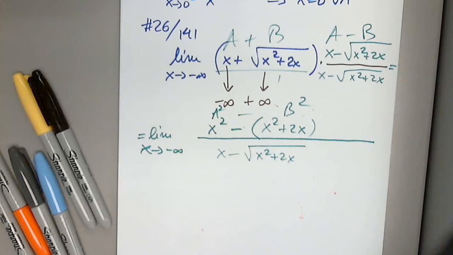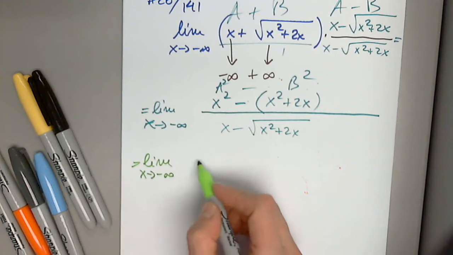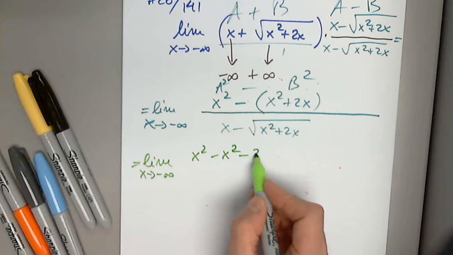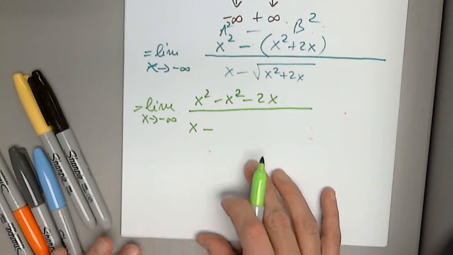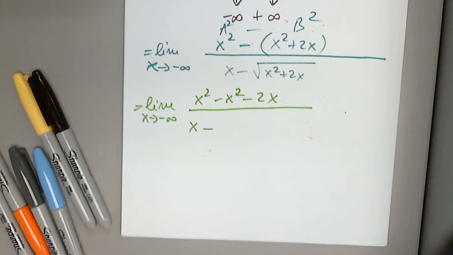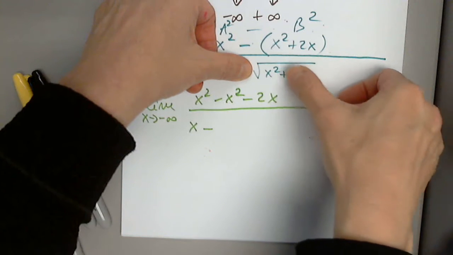Okay, I will distribute at the top. So this is the limit as x approaches negative infinity, x squared minus x squared minus 2x over x minus. Do not continue, just write x minus, and let's talk about the next step. Exactly how we proceeded here before.